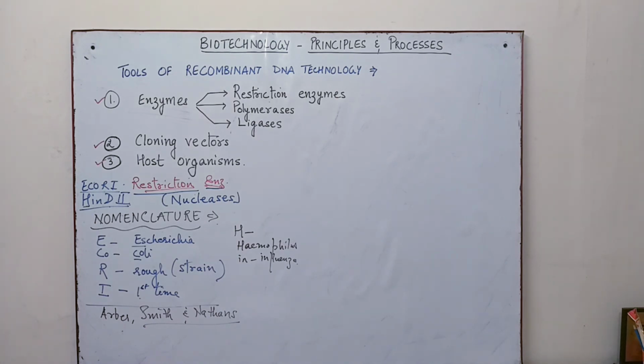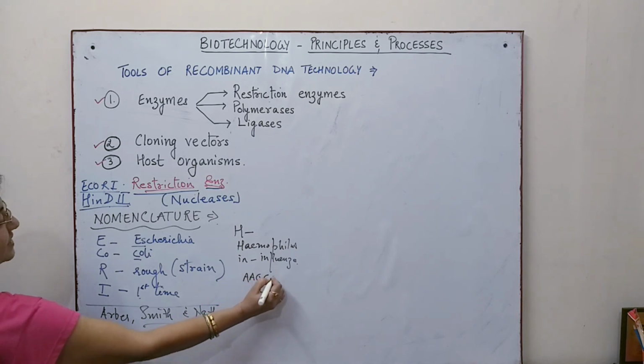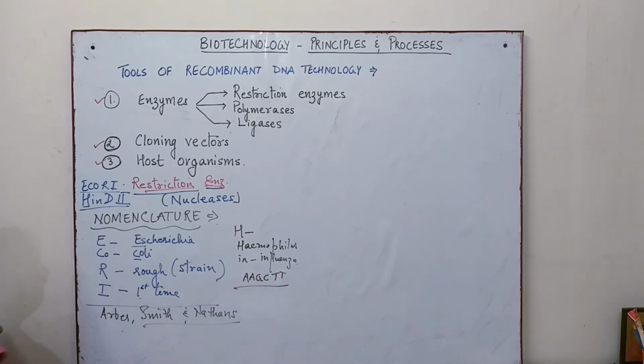It is type 2 and it cleaves the DNA at a palindromic sequence. It cuts at AAGCTT. This is the nucleotide sequence where it cuts, and it was isolated in 1970.